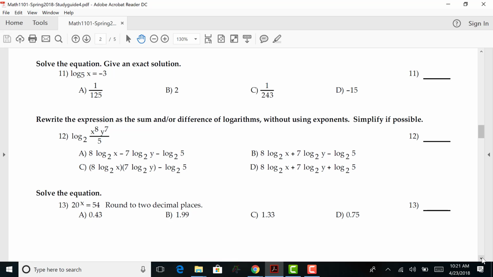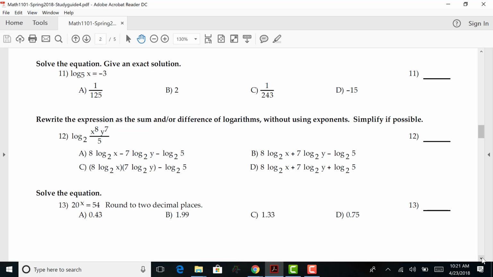We just followed our property. Remember, multiplication turns to addition, division turns to subtraction, exponents get pulled to the front. We did all of that in that problem. If the 7 log base 2 of y was a 7 log base 2 of x, would we combine like terms?